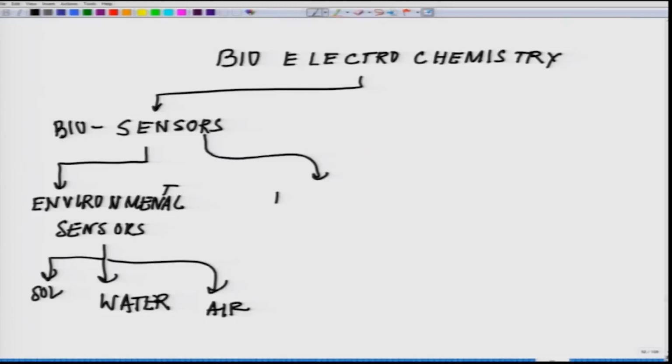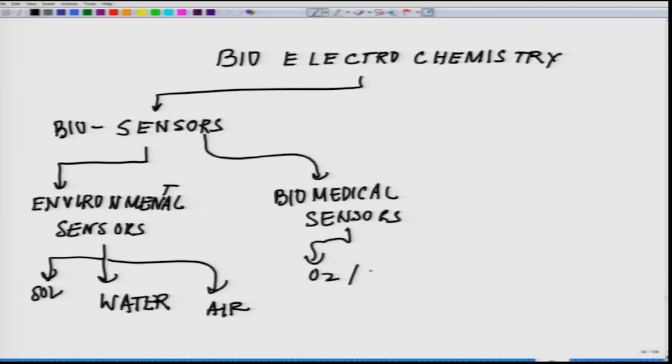Similarly, there are biomedical sensors, which include oxygen, carbon monoxide, electrolytes, H2S, and so on and so forth.